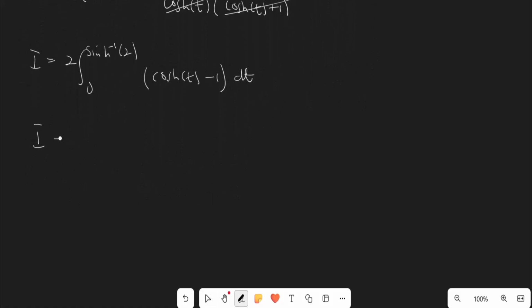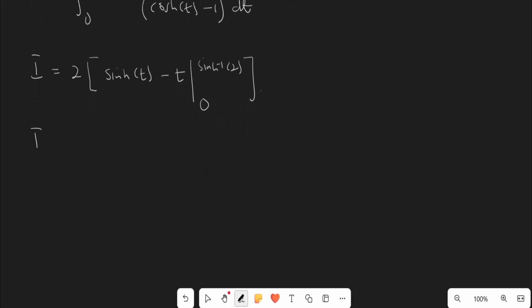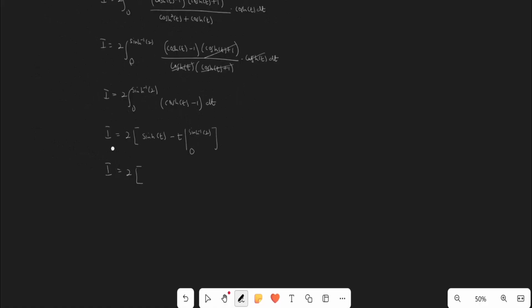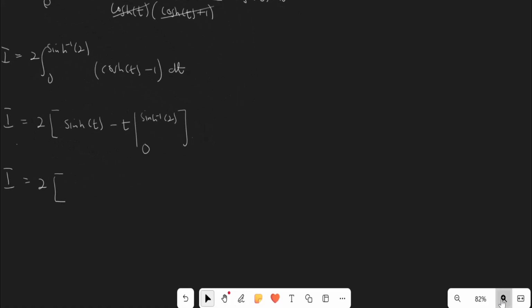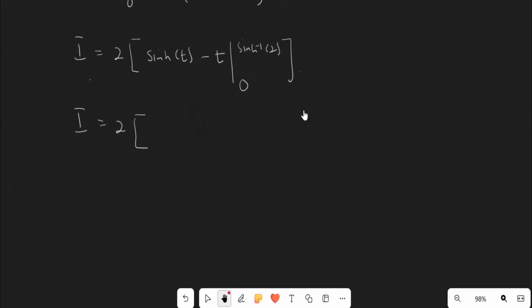Nice. So we are now going to integrate. Integrating this gives the sine hyperbolic of t minus t, and your limits are from 0 to the sine hyperbolic inverse of 2. Nice. So I is going to be 2 times, you now plug in your upper limit.